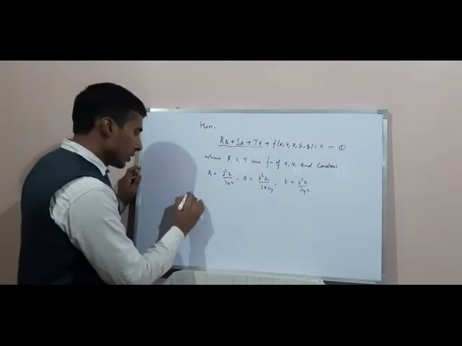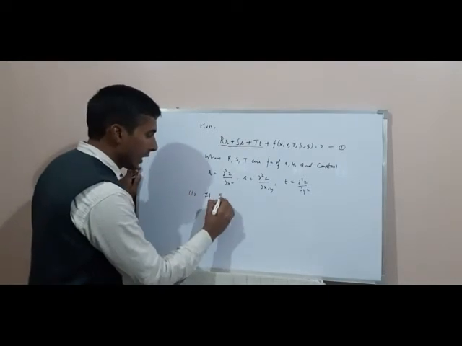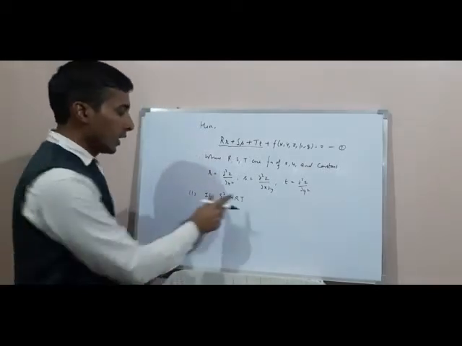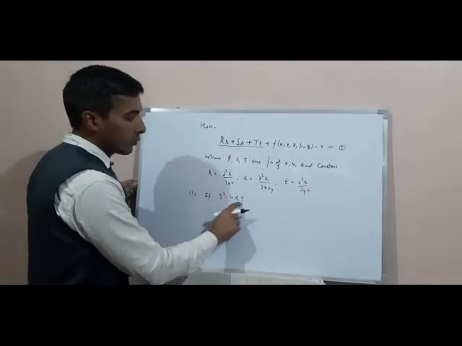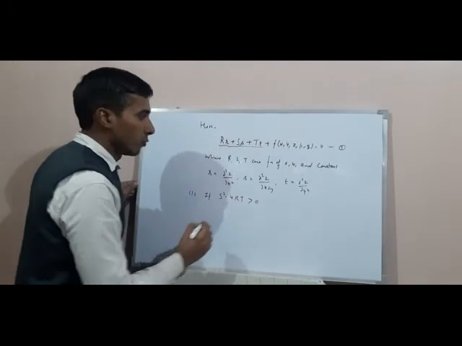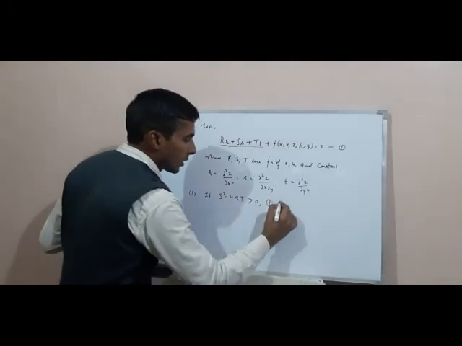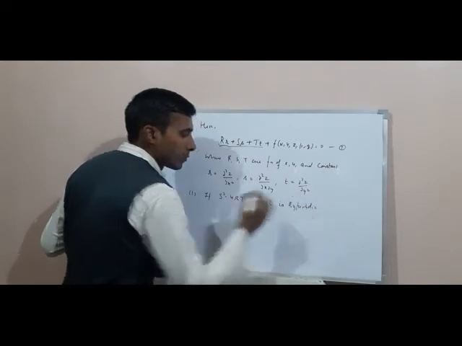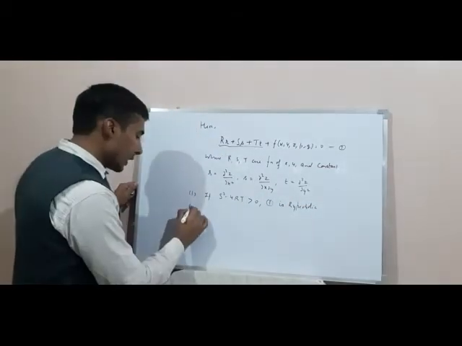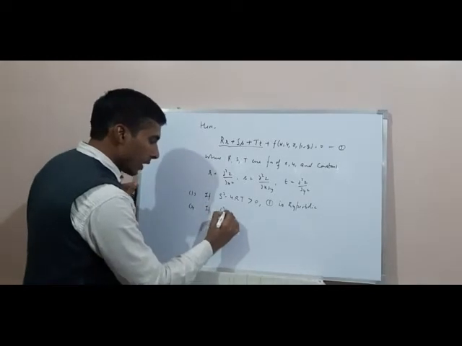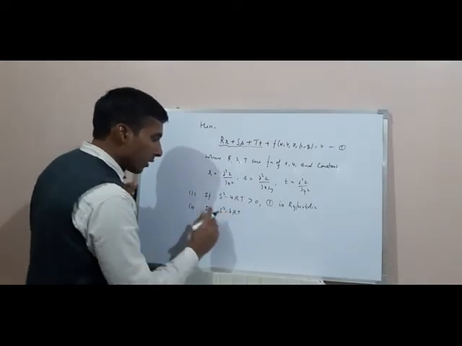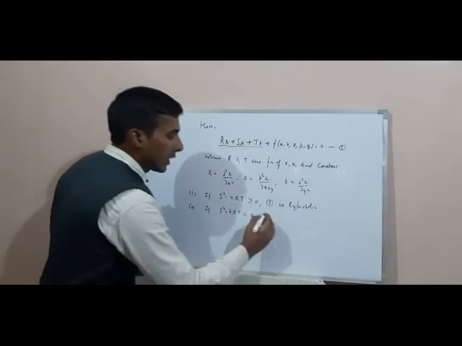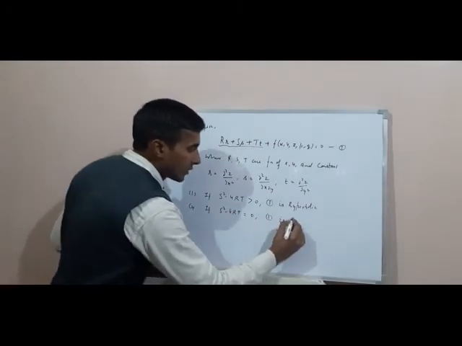And from this, we get S² − 4RT. If this quantity S² − 4RT is greater than 0, then equation 1 is a hyperbolic equation. Second, if S² − 4RT is equal to 0, then equation 1 is classified as parabolic.